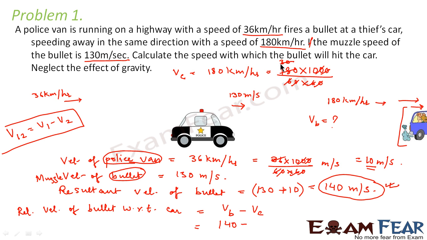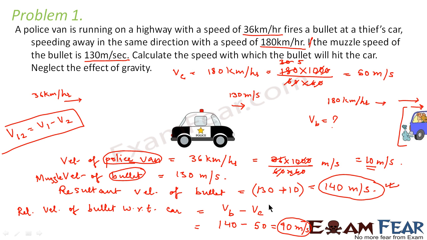So this is 50 meter per second. Therefore, this will be 140 minus 50, which is equal to 90 meter per second. Therefore, the bullet will hit the car with a speed of 90 meter per second.